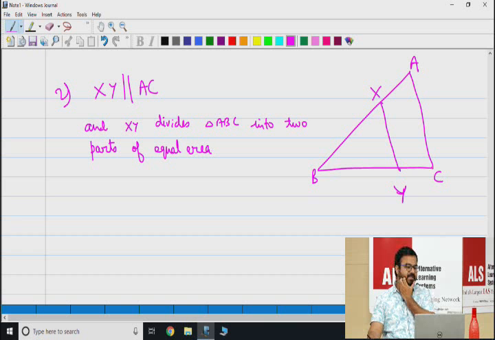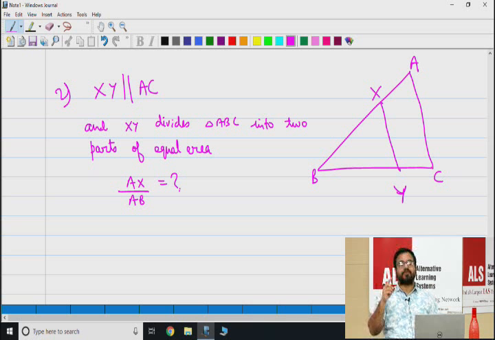Now you have to find the ratio of AX over AB. Two parts of equal area means area of triangle BXY is equal to area of this quadrilateral XAYC.